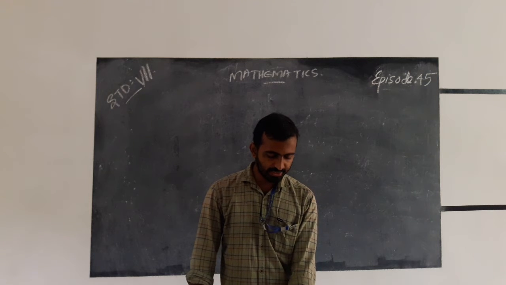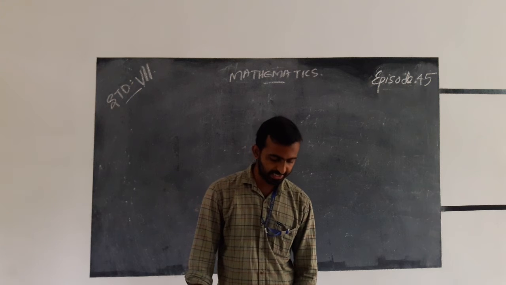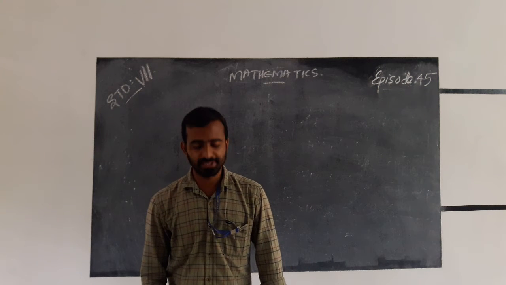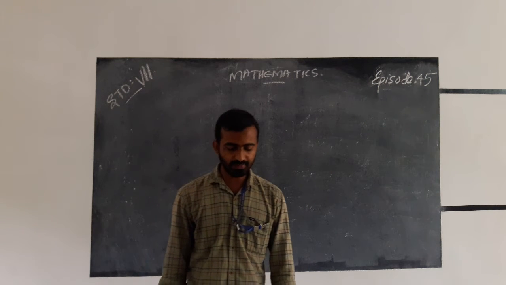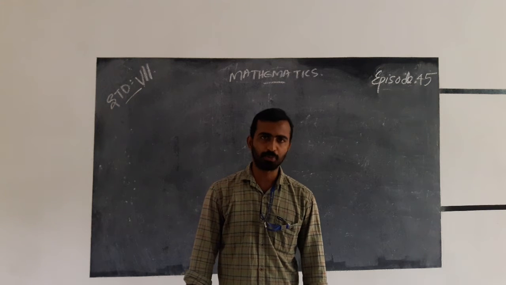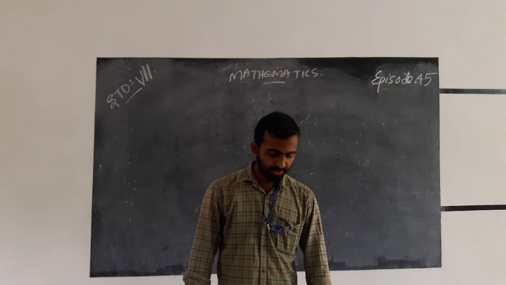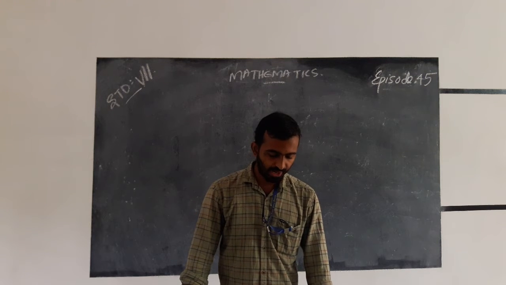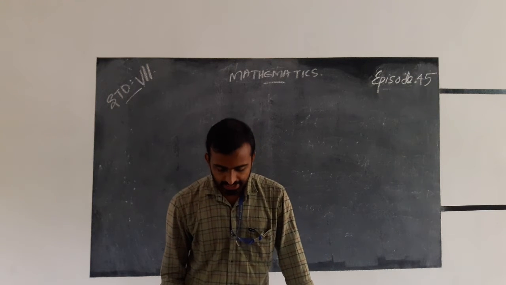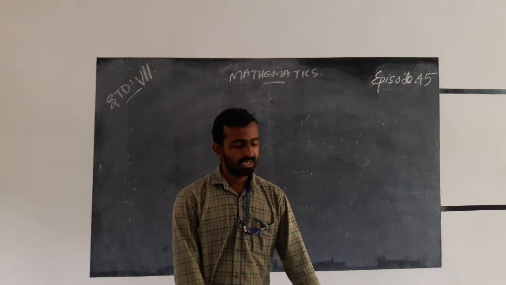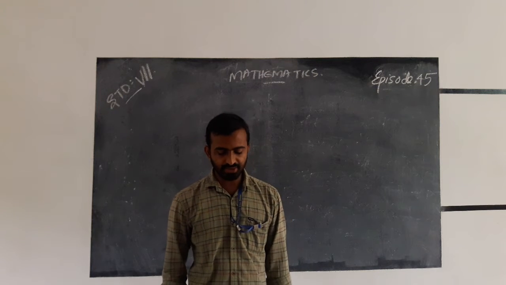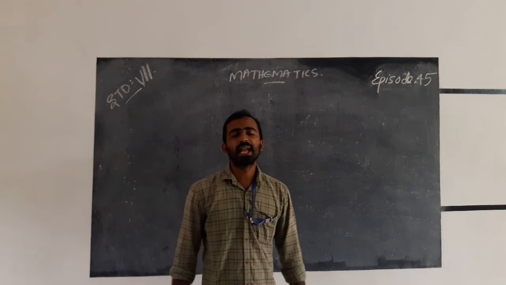It was sold with a profit of 12%. Find the selling price. That is, first we can write what gain is.